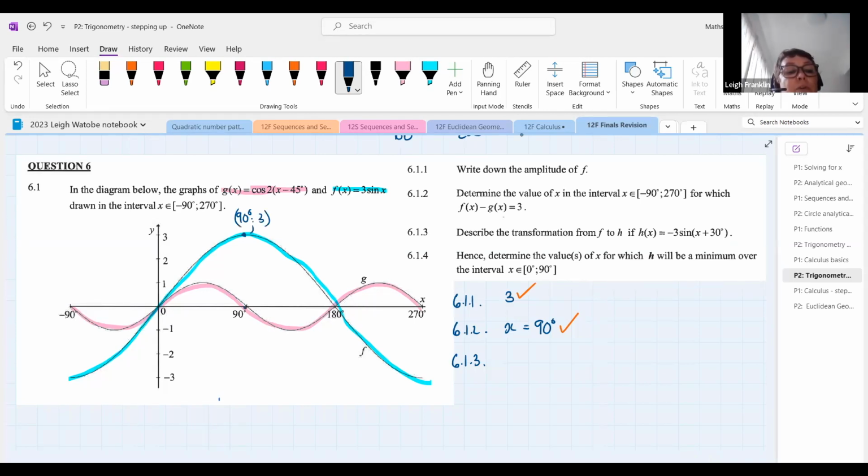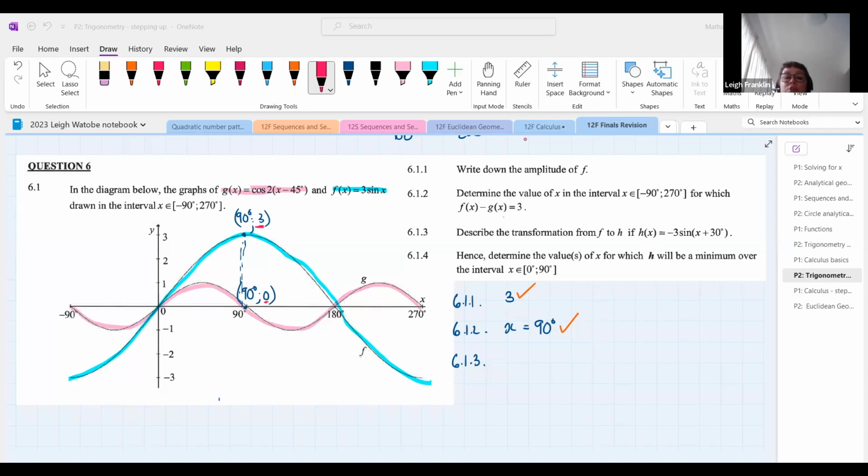Over here, what are the coordinates? 90 and 0. So here at the top point, where the 90 and the 3 is, that's f of x. So the difference over here is 3 units between the graphs, the difference in the y's. 3 minus 0 is 3. That's why they said at 90.